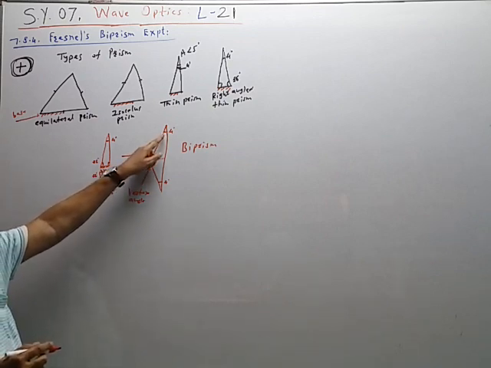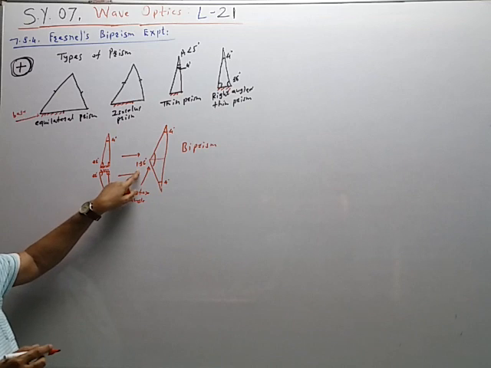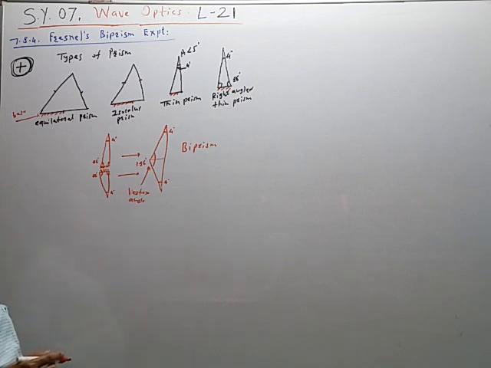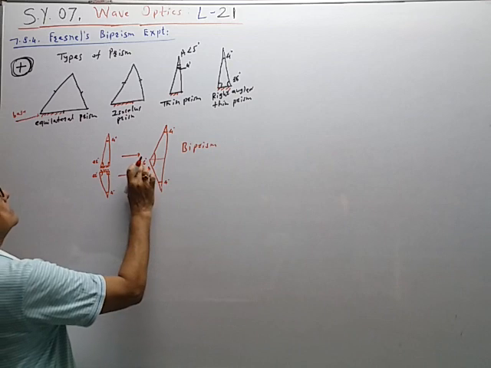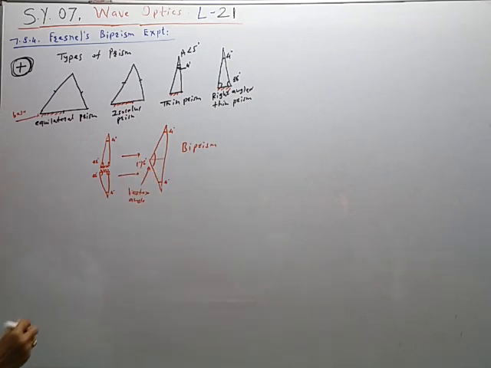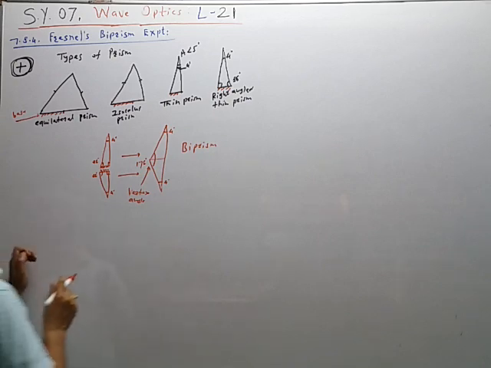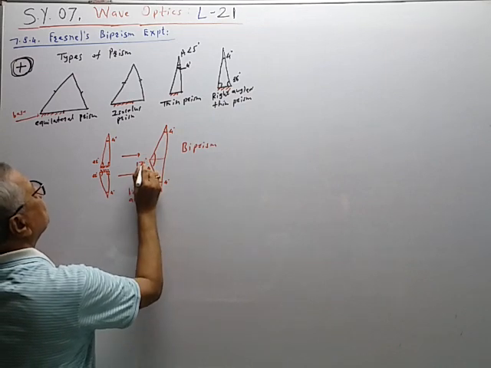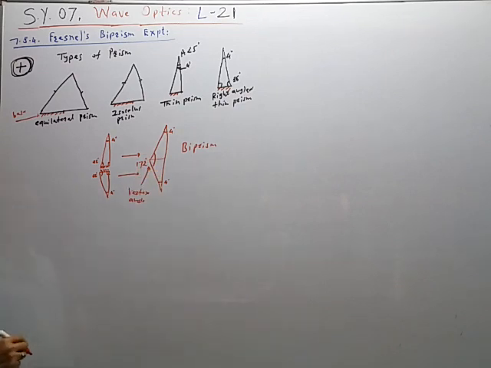If it is 5 degree, 5 degree, then this will be 170 degree. If this is 1 degree, 1 degree, then this will be 178 degree. Like this. So this is called a biprism.